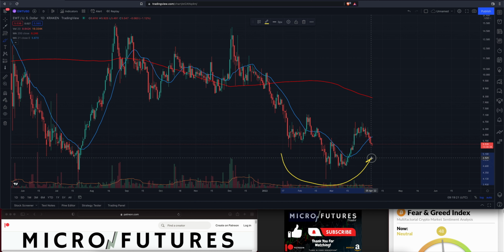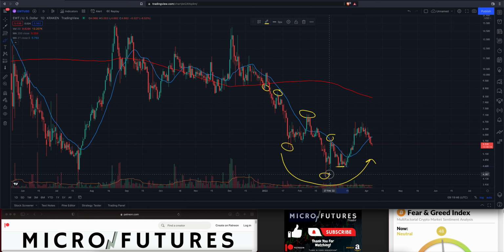What I mean by that is you'll go from lower lows, lower highs, lower lows, lower highs, lower lows, and then you'll go up to, so this is still nothing but a lower high here, but where it got interesting is right here was a higher low.